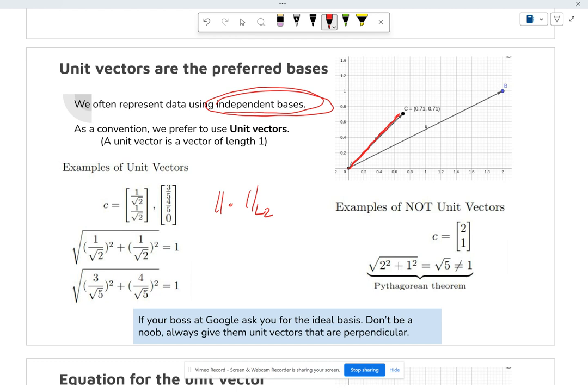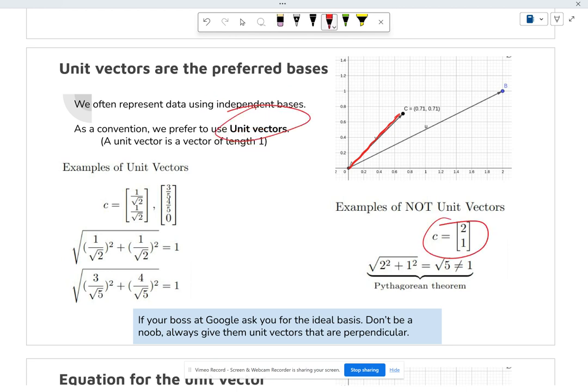So when the vector is a unit vector, the length is 1. If you calculate the length, this square plus this square, and the square root gives us 1. Again, similarly here, that gives us 1. That's what it means to be a unit vector.